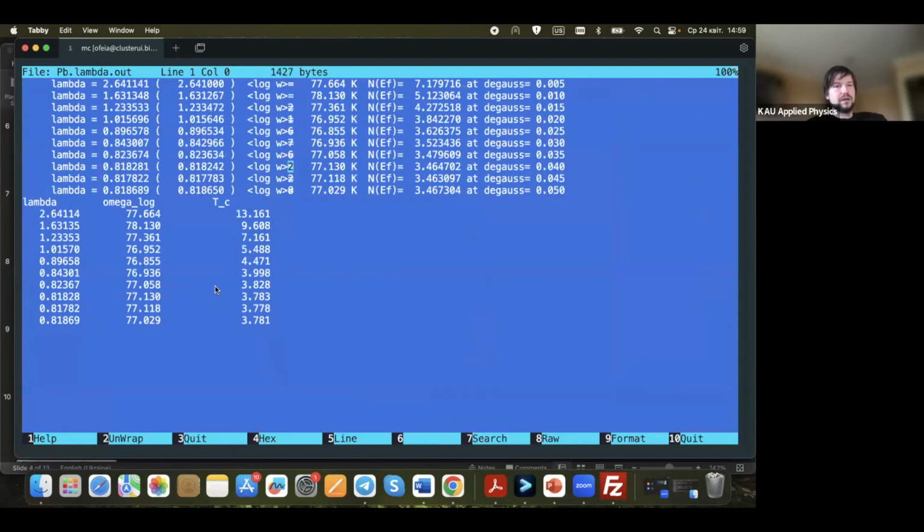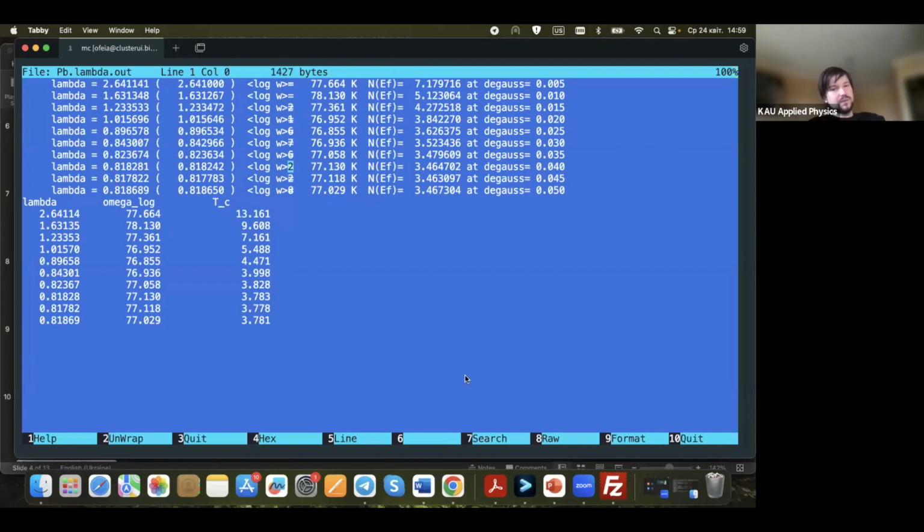So we see lambda information, this constant for electron-phonon coupling. The higher the coupling we have, the more the number of density of states at the Fermi level, this broadening, and this omega, which we used in the McMillan formula for TC. And finally here lambda, omega, TC.